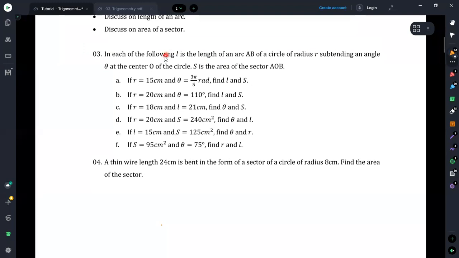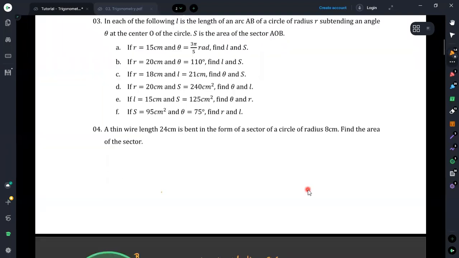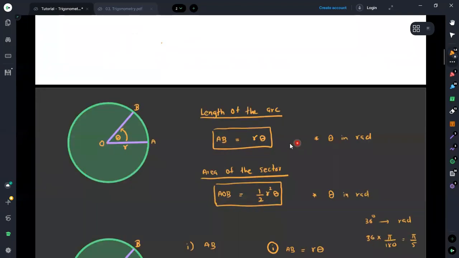And here we will discuss some examples related to finding the length of the arc and the area of the sector. According to the equations, if the length and radius are given, how to find the angle theta. If the angle and the length are given, how to find the radius.